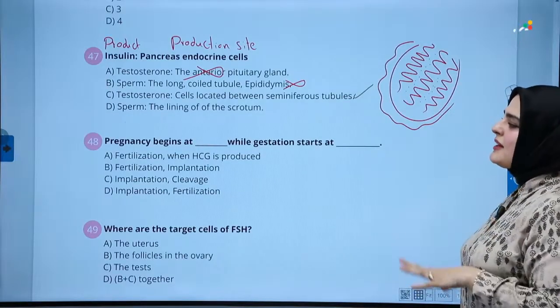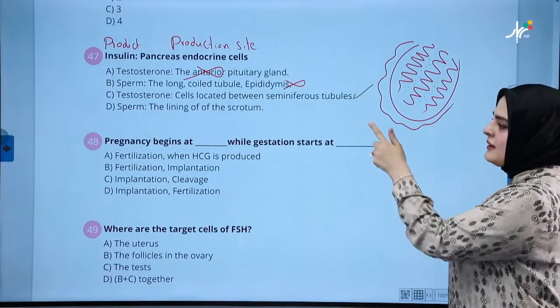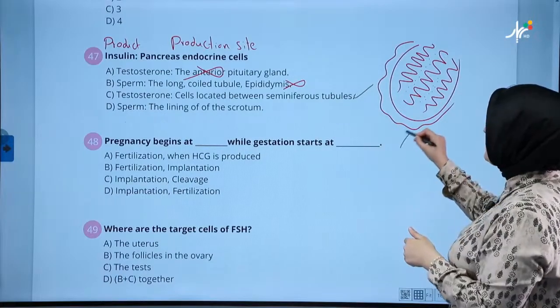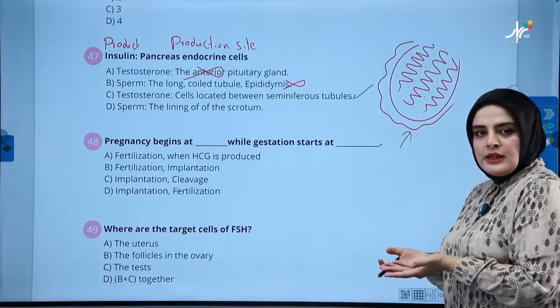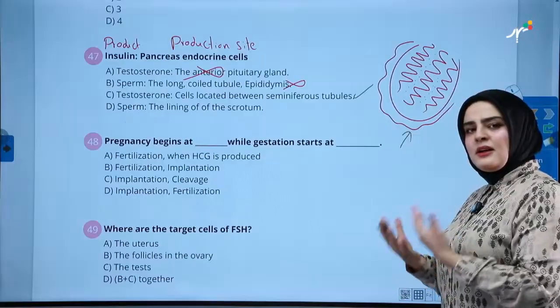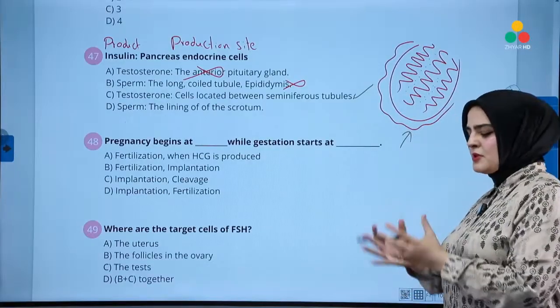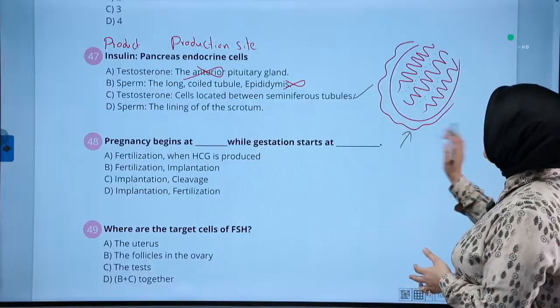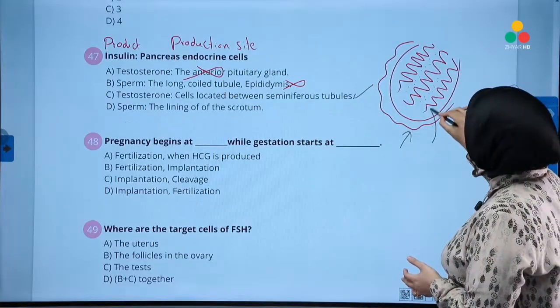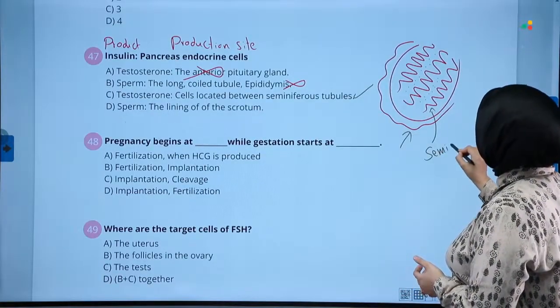It says sperm is created in the lining of the scrotum. The scrotum is just for covering, okay? Since the testicles are coming down outside of the body, the scrotum is a protective shield outside it, but sperm is not made here. This is the seminiferous tubule.